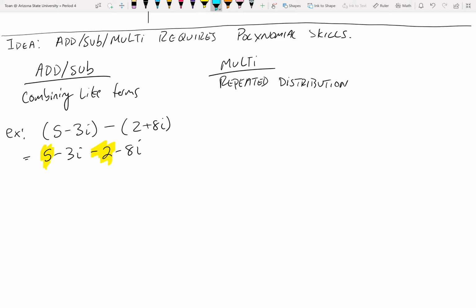Here are my regular numbers. Here are my i numbers. The only thing that's different between polynomials and complex numbers is that in polynomials, I always tell you to write the variable first. It's sort of backwards for complex. We always write the i's second. So I'm going to write the regular number 3 first, and then the minus 11i second. Easy peasy.